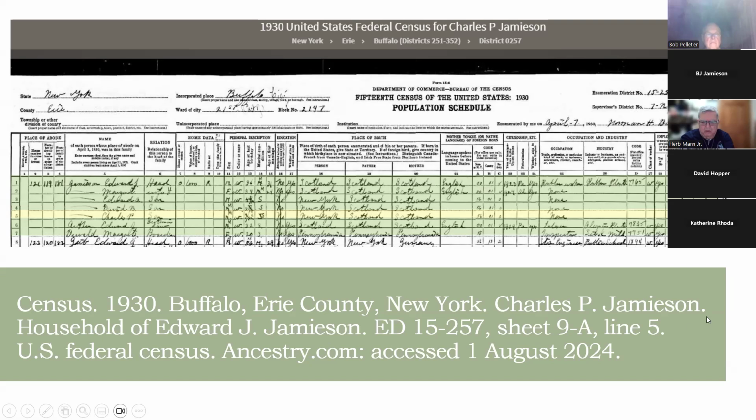I put the name of the person I'm interested in, the name of the head of the household if it's someone different. Here we have the enumeration district, the sheet number, and then the line the person is on. And then in this one I put US federal census and then where I accessed it. Did I see it at Ancestry versus Find My Past versus Family Search?